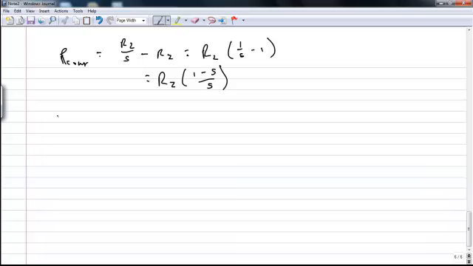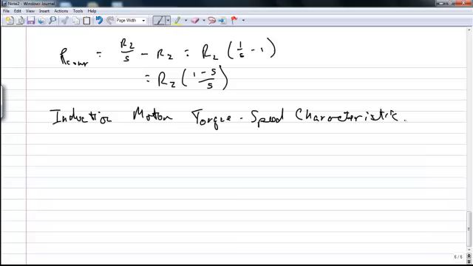Next, let's talk about the torque speed characteristic. So consider if we had a squirrel cage induction motor operating at no load. If it's operating at no load, that means it would be spinning very near the synchronous speed.